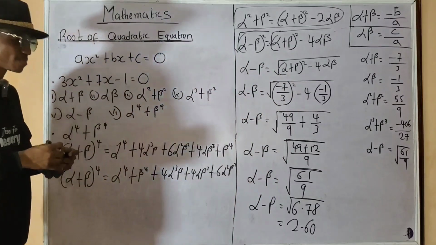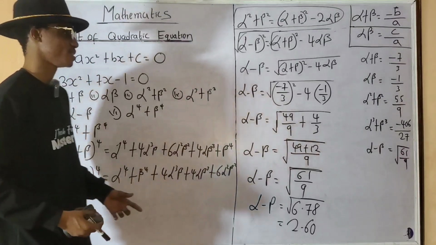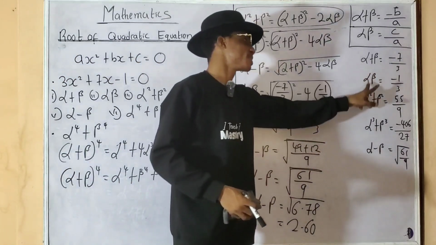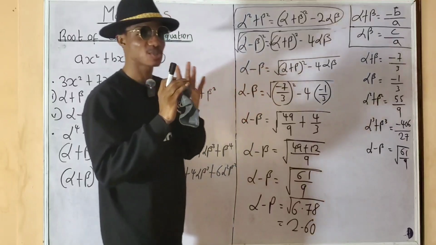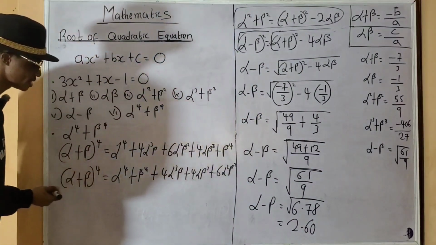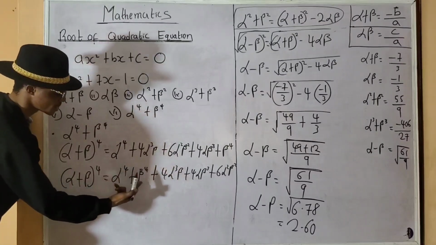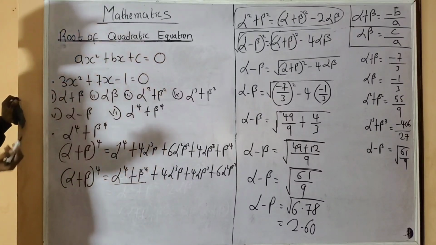Okay. Now, do you know what I'm trying to do? I'm trying to express the right hand side of the equation in terms of alpha plus beta and alpha beta. I want to simplify it. Do you understand? Okay. So, listen to me carefully. Let us make alpha raised to the power of 4 plus beta raised to the power of 4 the subject of the formula.